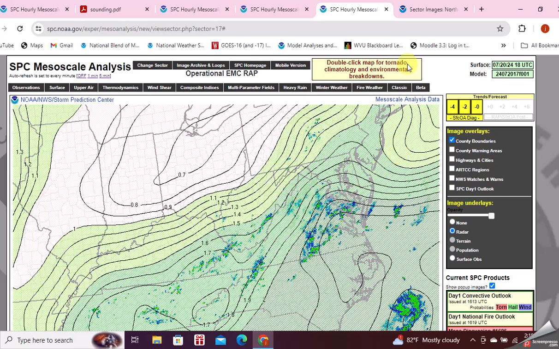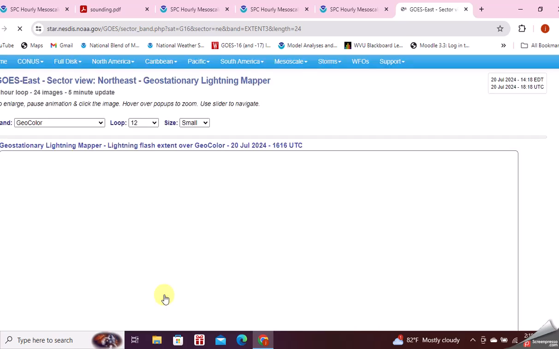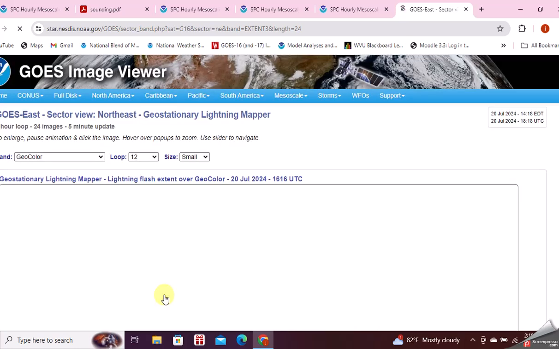And finally, I just wanted to see if I can get this. I don't know if this is going to work or not. But if I were to do a loop in this area right now of satellite, and we'll see if it comes up here in a second or not. But there's some clearing just south of that front or right along the edge of it.